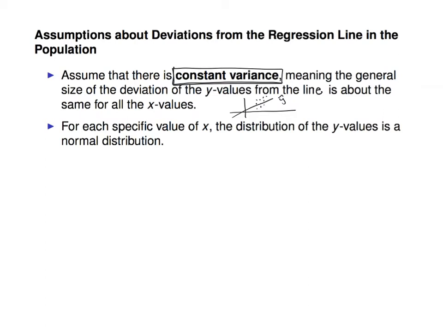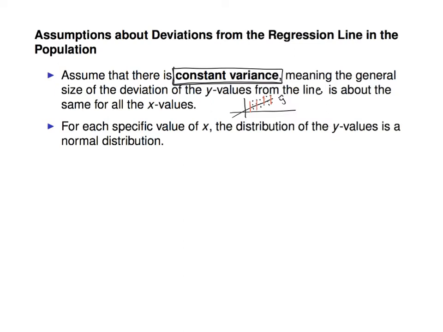And what this says is that that spread around the line is about the same no matter where your x is. Meaning that this spread here is the same as that spread there, which is the same as that spread there, same as that spread there. So that's one assumption that you do make here, is that the spread is the same.